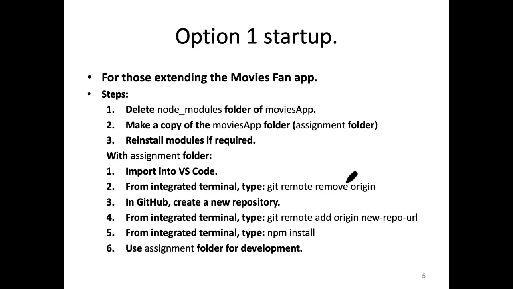So I'm breaking that link, and then I'm saying go away and create a new repository up on GitHub, and then type this command. You're typing this command now from within your assignment folder. So you're now making a link between the local Git repository in your assignment folder and this new GitHub repo that you've just created.